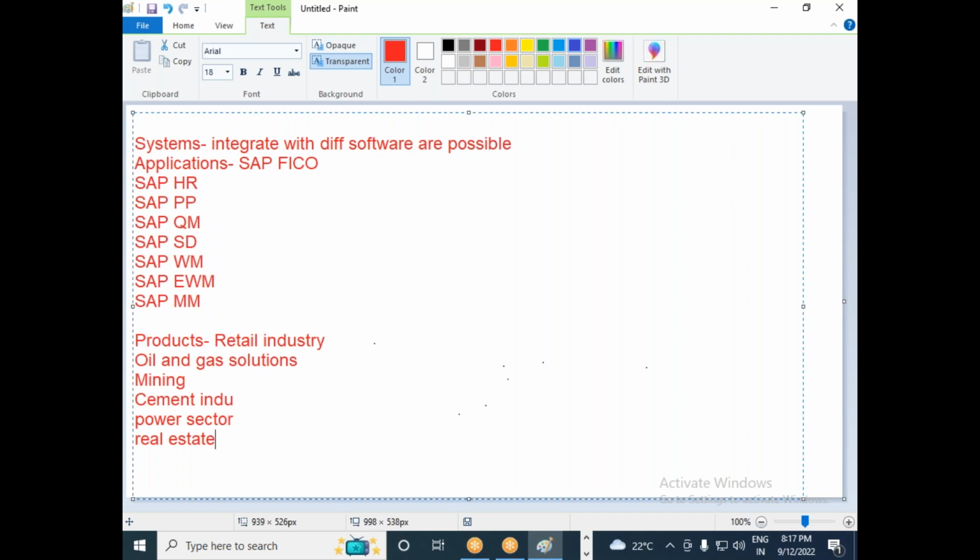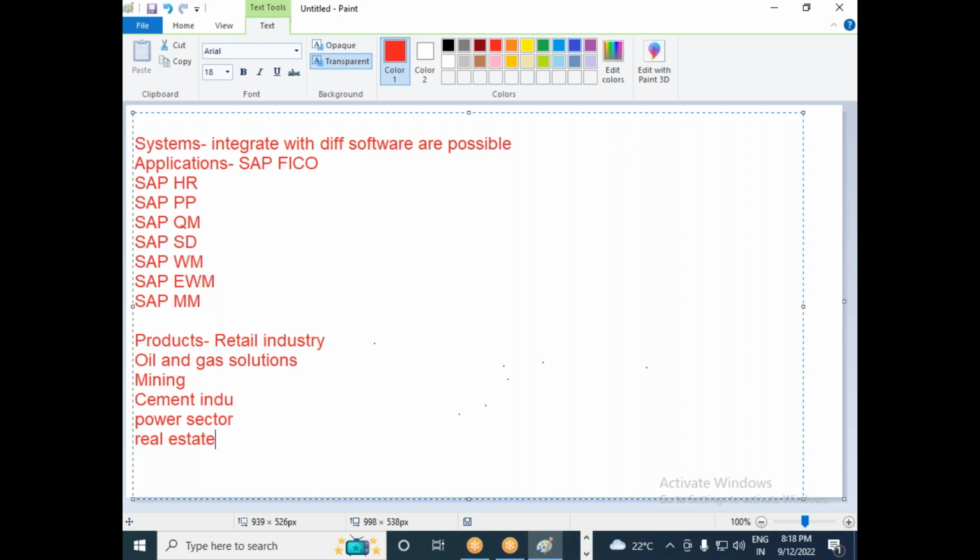So SAP is one of the software which will be able to provide solutions for all types of industry needs. It does not restrict its services to one organization or sector; it has solutions available for all the industries. That is one of the major advantages of SAP.